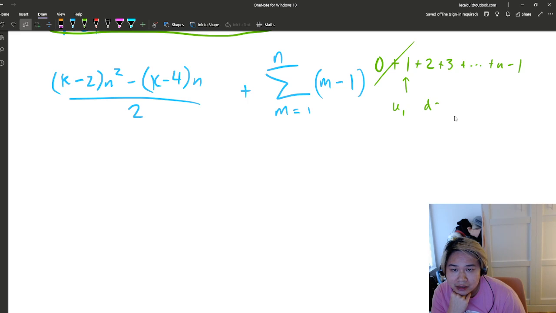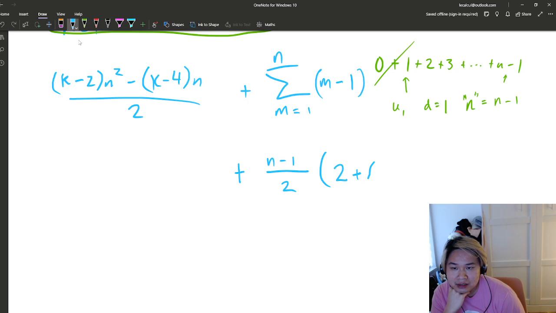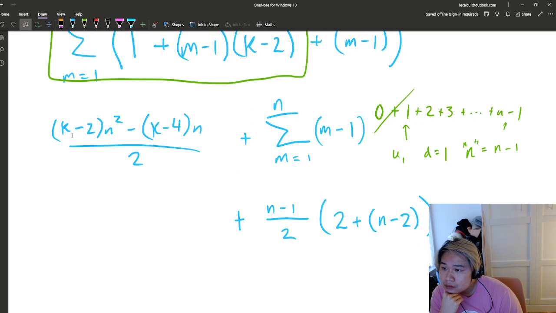You have d, your common difference is 1. There's lots of ways to do this, by the way. And then the number of terms you have for this sequence is not the same, n minus 1. So this is going to be n minus 1 over 2 times 2 minus n minus 1 minus 1, which is minus 2.